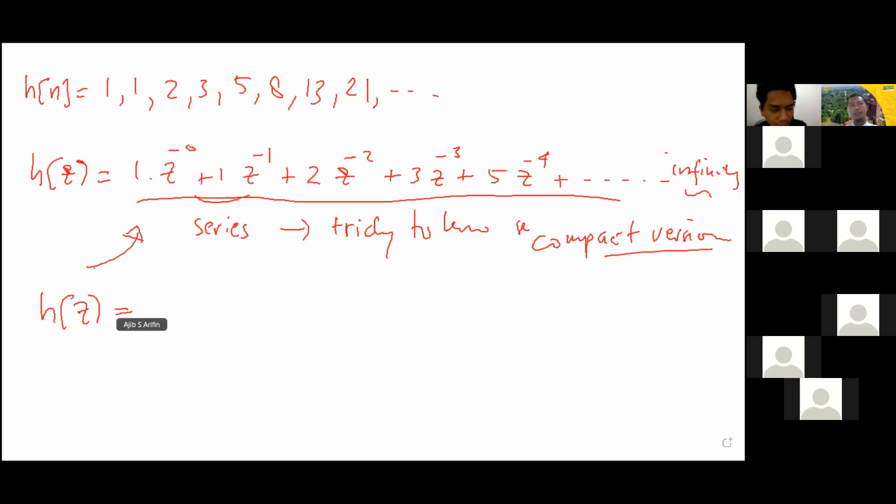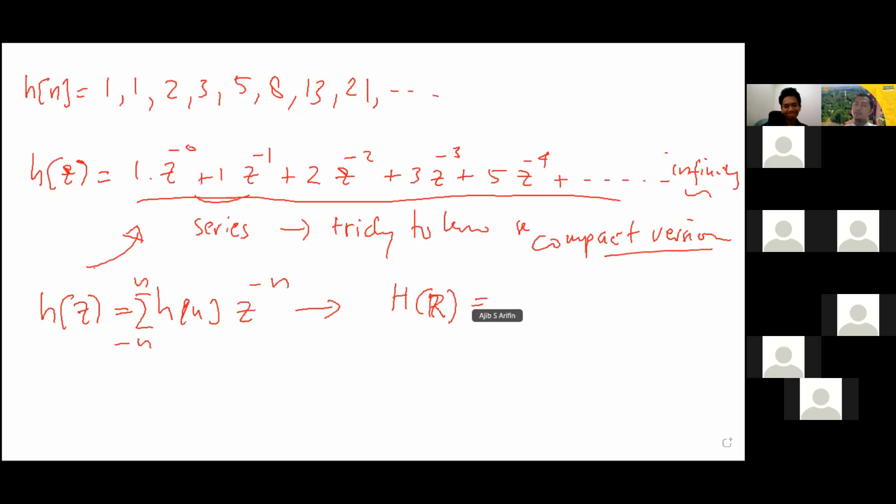It is h[n] summation from minus infinity to positive infinity of z to the power of minus n, something like that. And then you can just get back again to the expression of H(r).